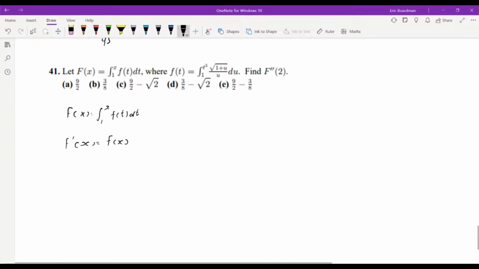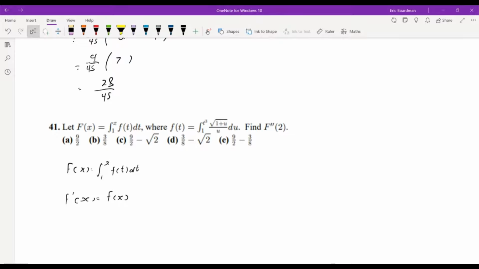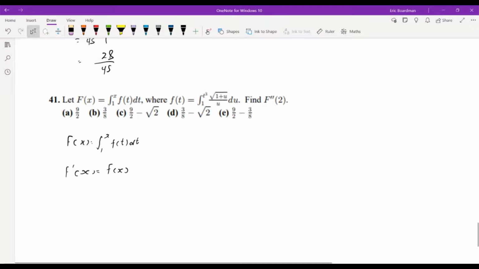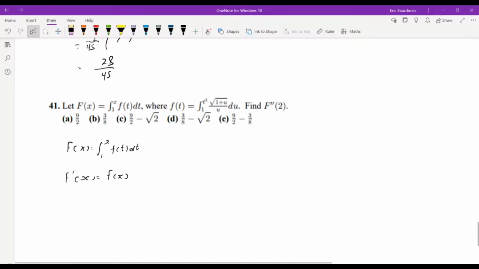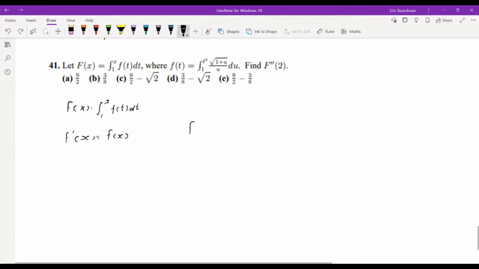And we know that f of t is the integral from 1 to t cubed of square root of 1 plus u over u. And that the variable t right here, that can be any variable. So we can say that f of x equals the integral from 1 to x cubed of the square root of 1 plus u over u du.